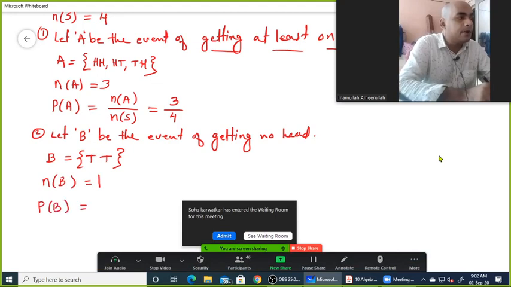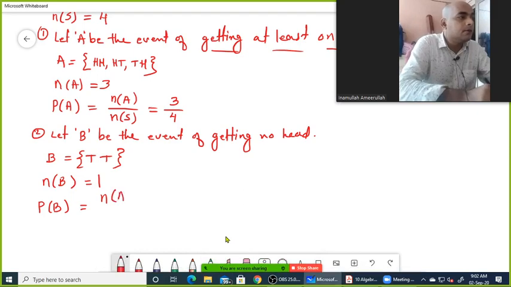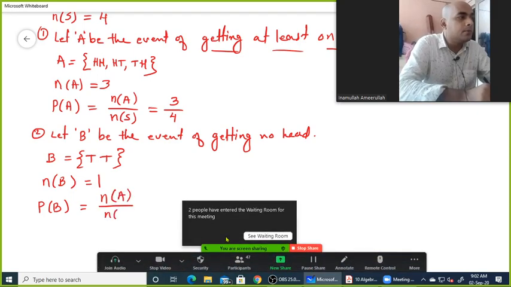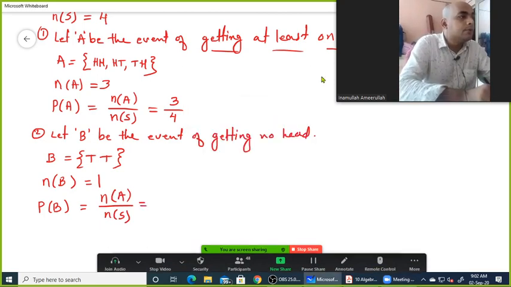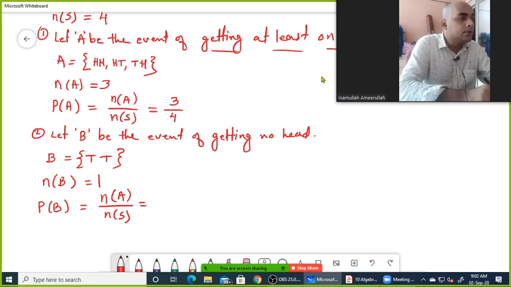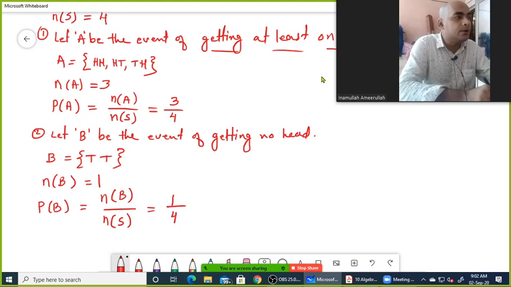So probability of B is equal to number of B upon number of sample space. Number of B is 1 and number of sample space will remain as 4.